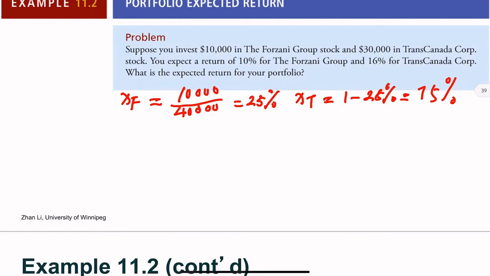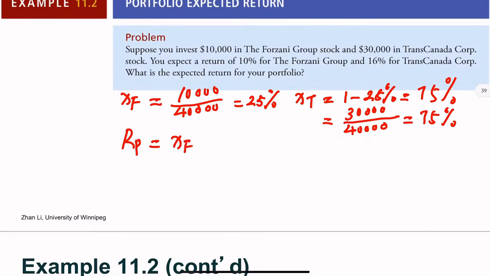By the way, you can also use this good old formula, right? You can use the value of the TransCanada stock divided by the total value of the stocks. So this also gives you 75%. And now the question is, what is the expected return for your portfolio? So let's call the expected return of the portfolio RP. Of course, the letter P represents portfolio.